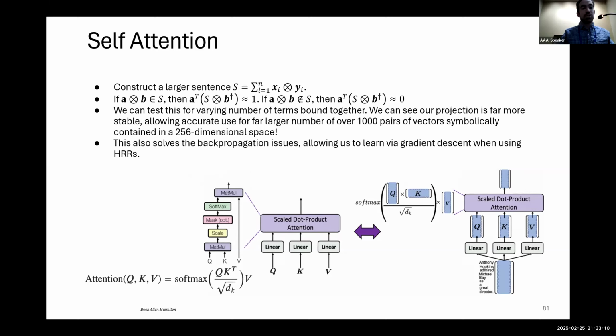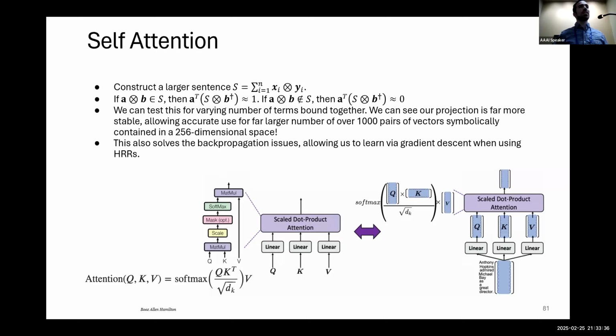If you're not familiar with self-attention, the equation is in the top left. It's a very obtuse equation, but the way that it is generally explained is you have queries, keys, and values, and you're basically computing a kind of fuzzy dictionary lookup. You have some sort of match between the queries and the keys, and then those go into the softmax, which gives you a weighted sum over your values.